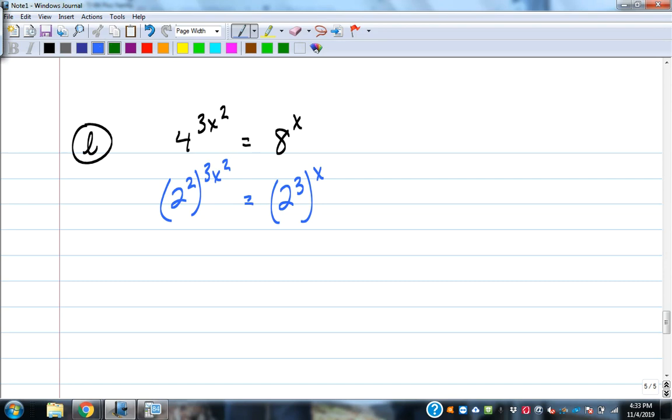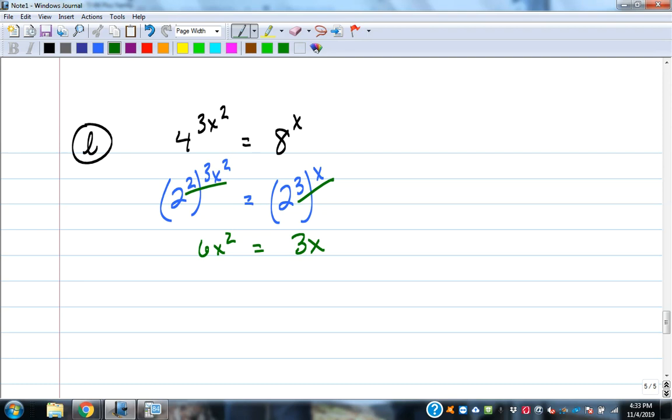And then once we've done that, we know I've got exponents. I multiply them together. So that's going to give me 6x squared is equal to 3x. So I'm just taking the exponents and multiplying them together and setting those equal to each other, dropping the 2's off. Now, this is where we've got to remember, okay, that's a quadratic equation.